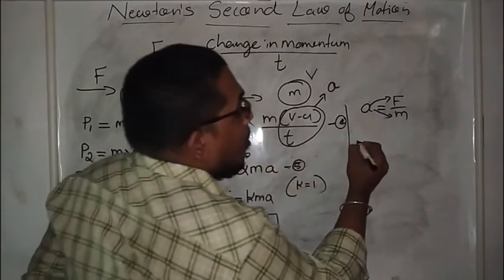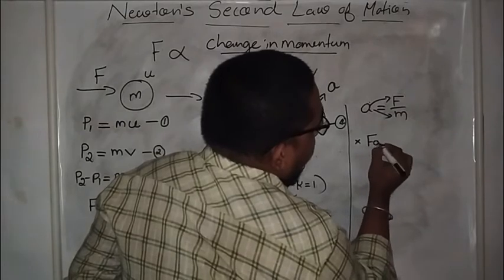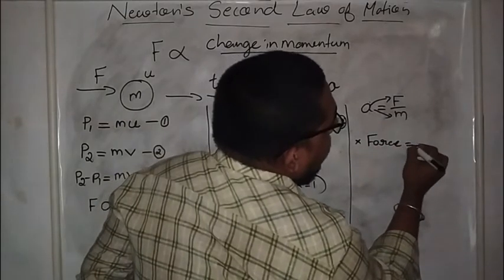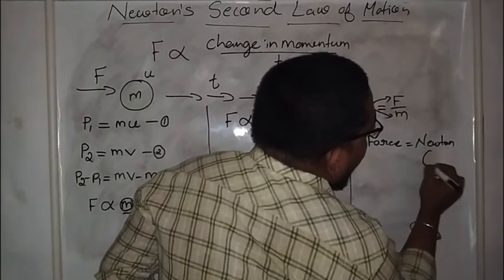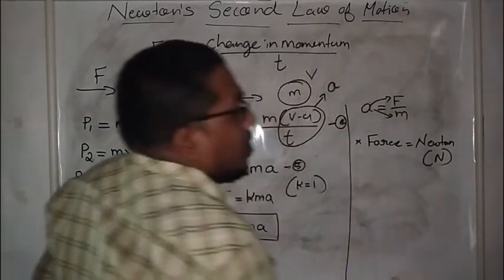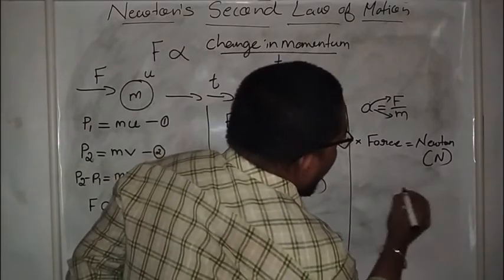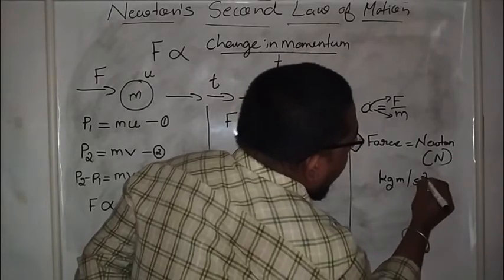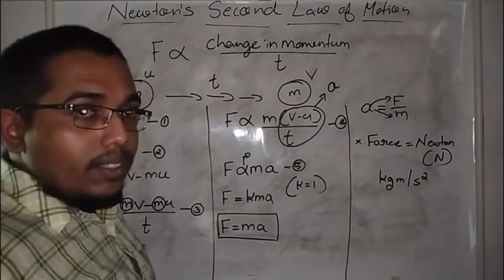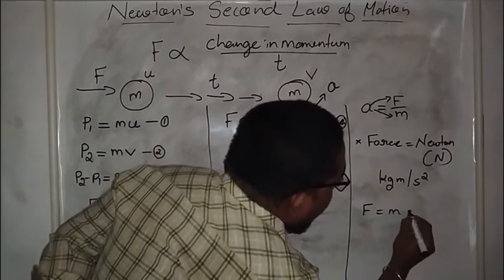One more important point, that is the SI unit of force. The SI unit of force is Newton, denoted by the letter N, capital letter N. One more unit is there, that is kilogram meter per second square. How does it come? In this equation, F is equal to ma.